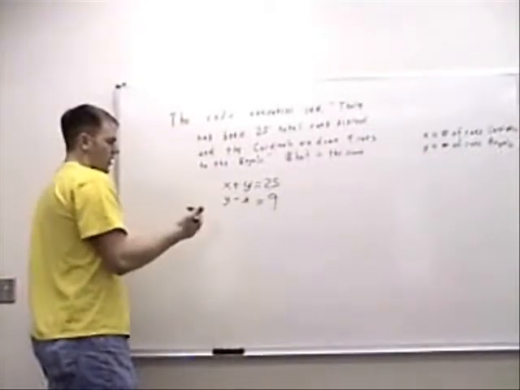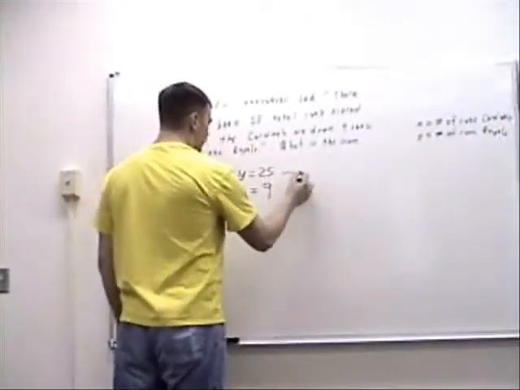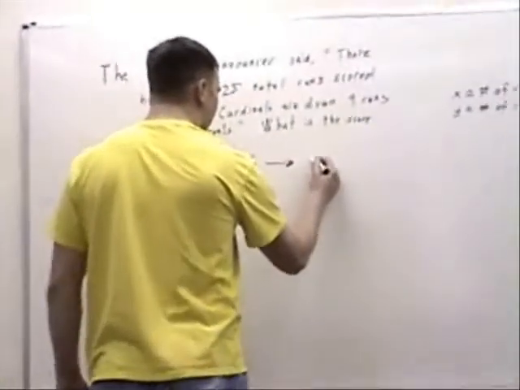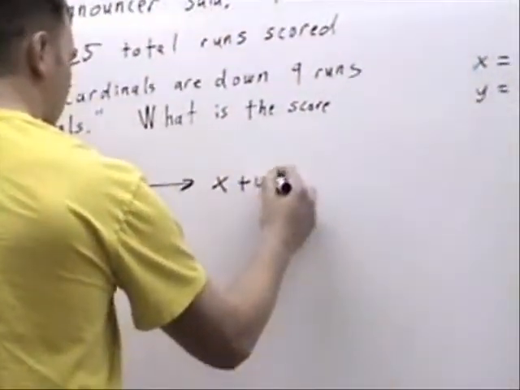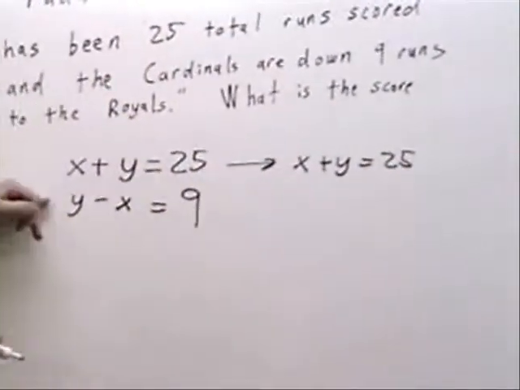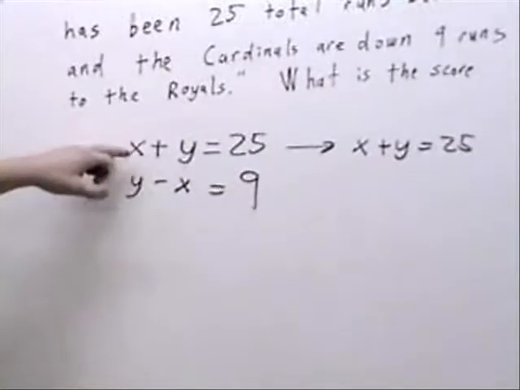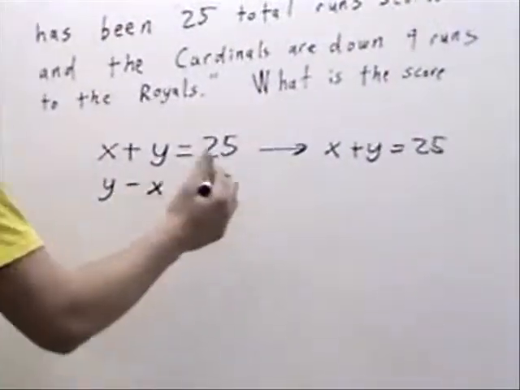For this one, the first thing I would want to do is rewrite this exactly the same way over here. And then take this second equation and flip these two around so that the X's and Y's line up vertically.